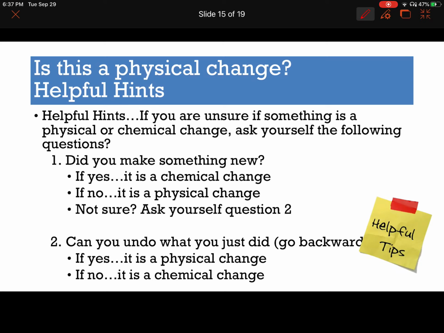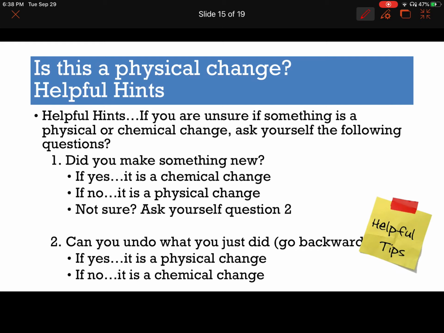But if you're not sure, so if you're like, well, I melted an ice cube and now it's liquid, I'm not sure if I made anything new because I started with solid water and now I have liquid water. Well, then ask yourself question number 2. Can you undo what you just did? So if you turn ice into liquid water, can you go backwards and turn that water into ice?